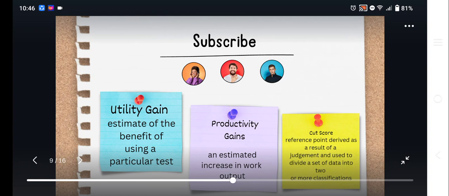Meron naman din po tayong tinatawag na compensatory model of selection, which is called balance out. This is where high scores on one attribute can, in fact, balance out or compensate for low scores on another attribute.